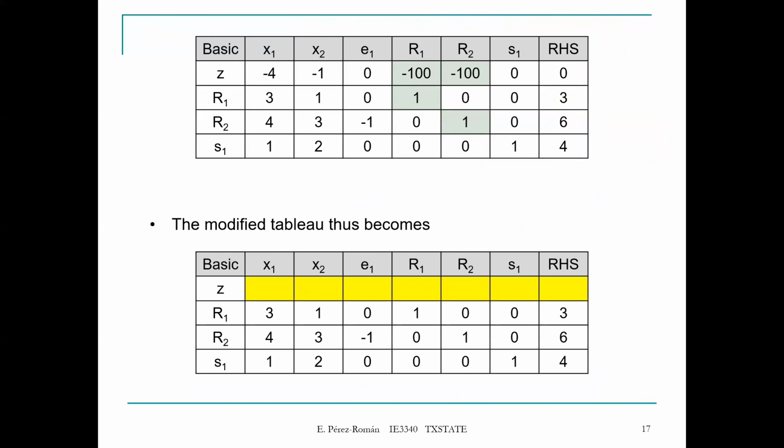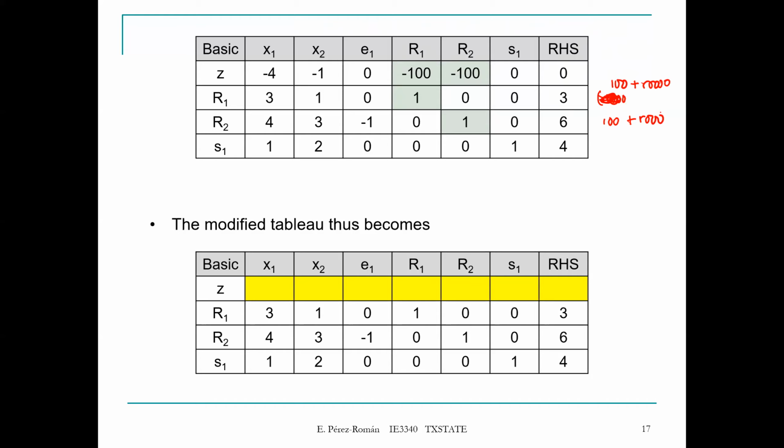So that's what we're gonna do next. So first, we are going to multiply this row by 100 and add it to row 0. And also we are gonna multiply this row by 100 and add it to row 0.